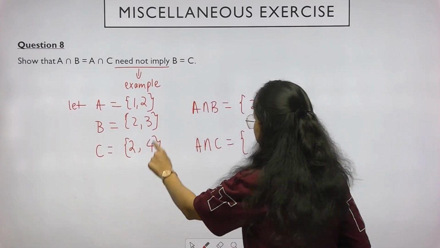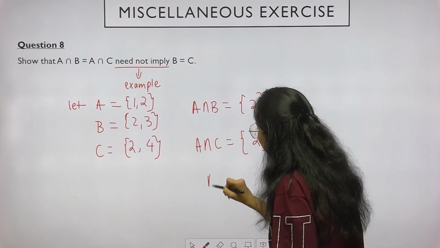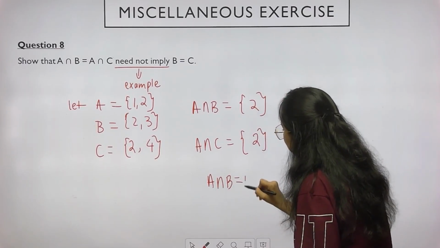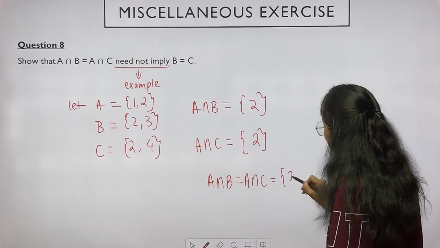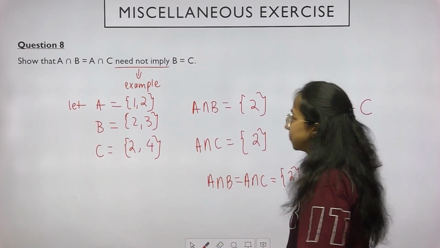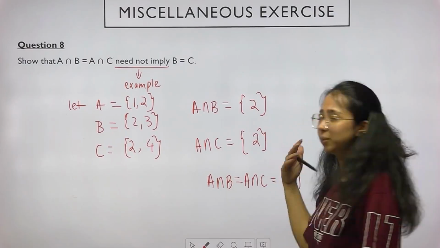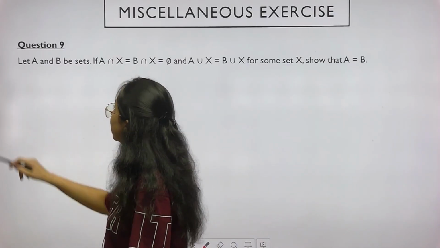Let's check A intersection C. A intersection C is again 2. So clearly we can say that A intersection B is equal to A intersection C, which is equal to 2. But clearly B is not equal to C. So this is an example which you need to give for this question. All right. Next question.